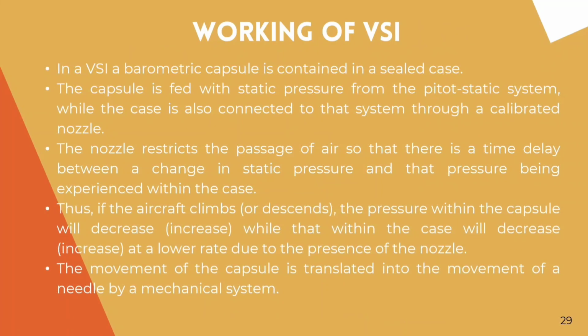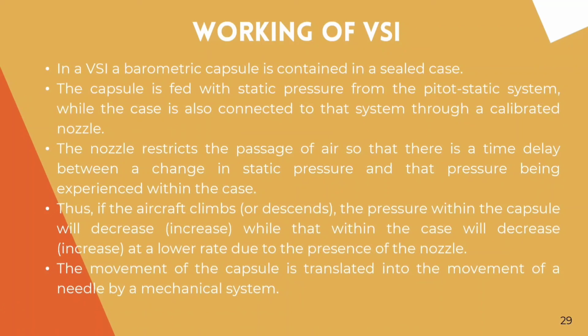So how does the VSI work? In a VSI, a barometric capsule is contained in a sealed case. The capsule is fed with the static pressure from the pitot static system, while the case is also connected to that system through a calibrated nozzle. The nozzle restricts the passage of the air so that there is a time delay between change in static pressure and the pressure being experienced within the case.